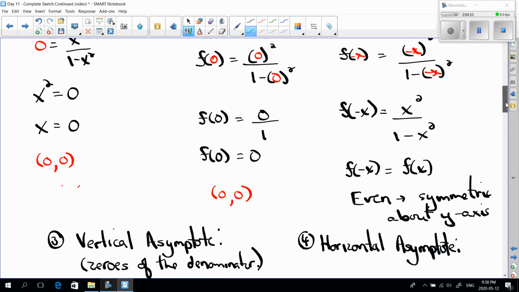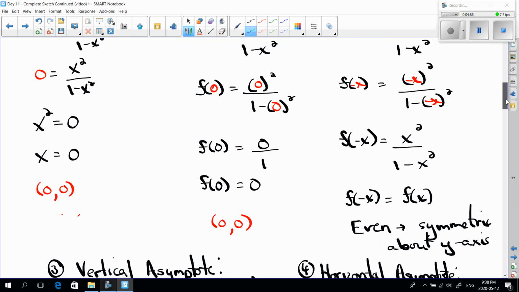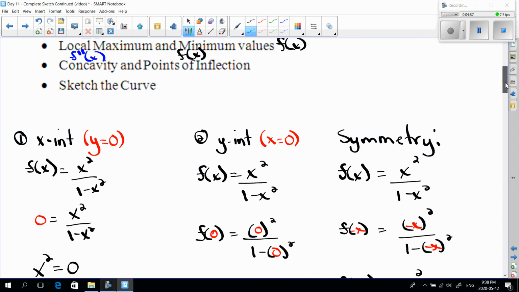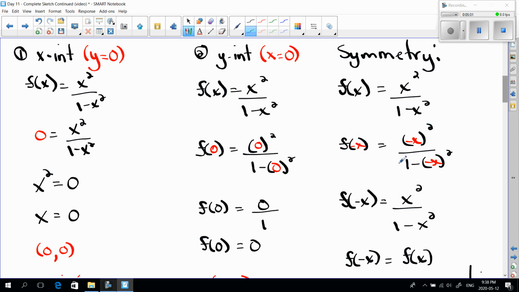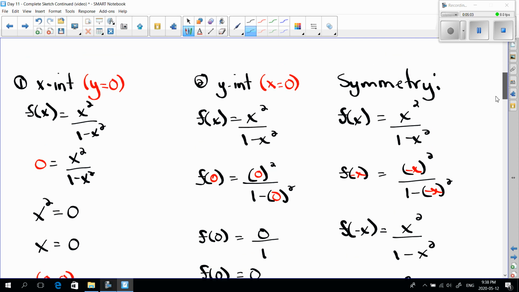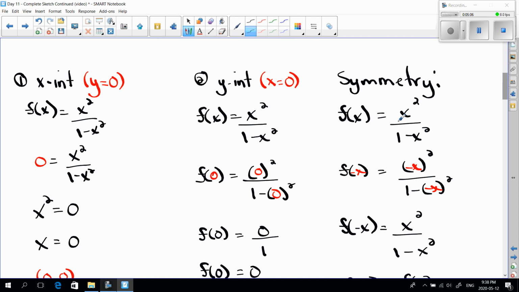It's a way to shorten up the sketching part. I actually usually just do it right from the get-go anyways, but you'll see once I have it drawn what I mean by it's symmetric about the y-axis. Now, if f at negative x was equal to negative x squared over 1 minus x squared, or f at negative x, we'd say it's odd and it's symmetric about the origin.